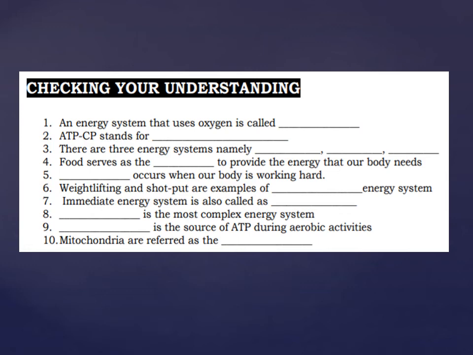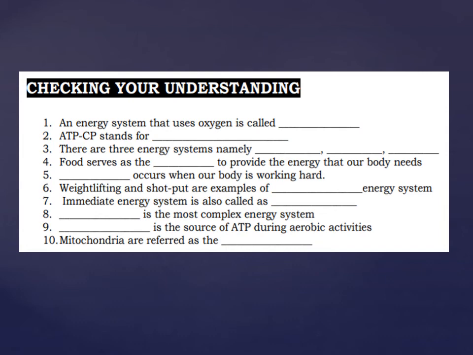Checking your understanding. This is a 10-item quiz. Number 1. An energy system that uses oxygen is called blank. 2. ATP-CP system stands for blank. Number 3.